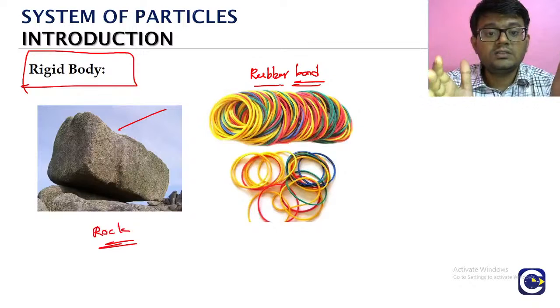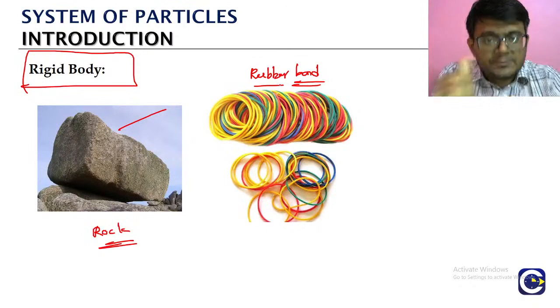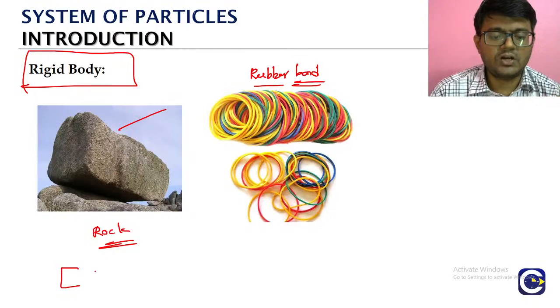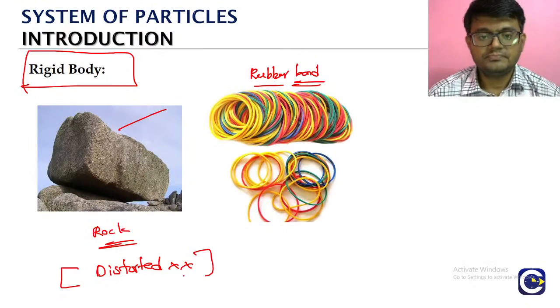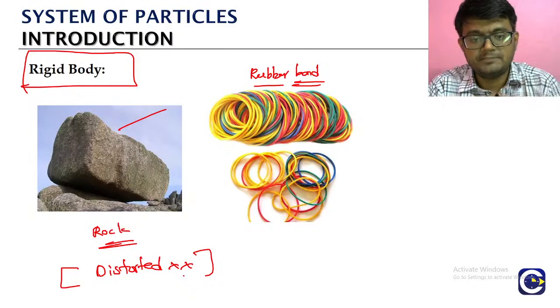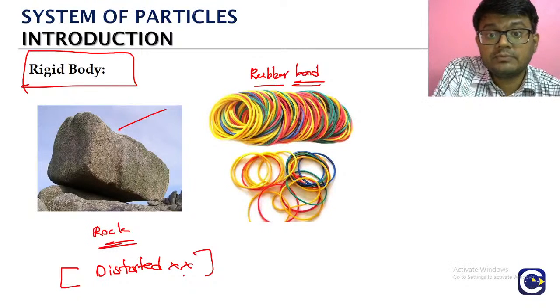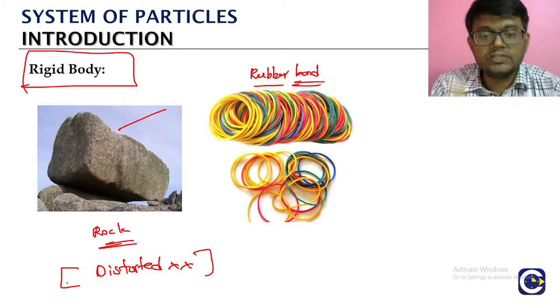A rock, we cannot compress it, we cannot expand it. In simple terms, we can say the rock cannot be distorted; its shape and structure cannot be changed. Let us try to understand this in terms of physics.